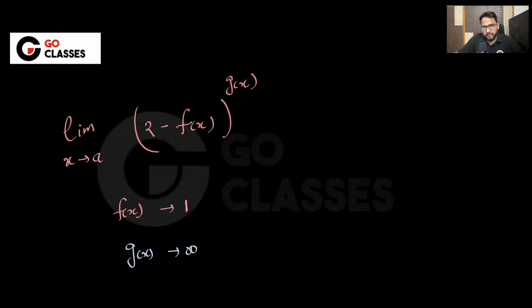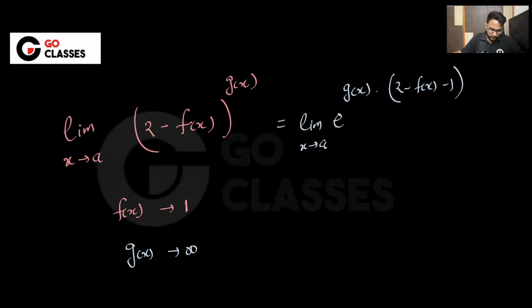If that is the case, then can you write it e power gx into 2 minus fx minus 1, limit x tends to a? Tell me.